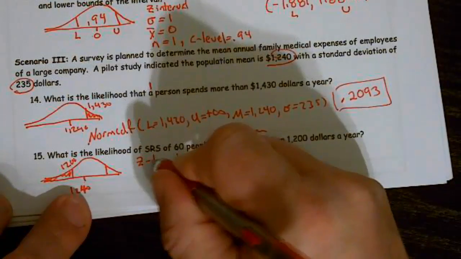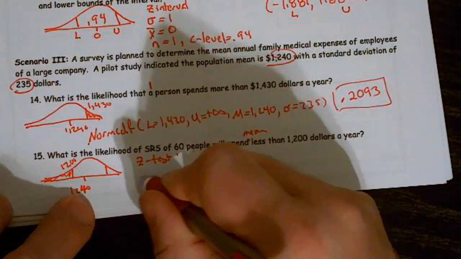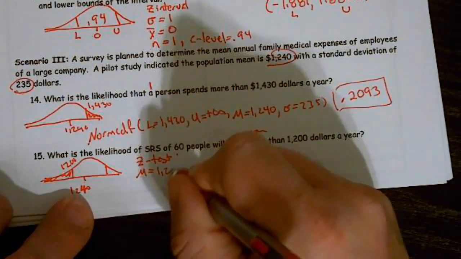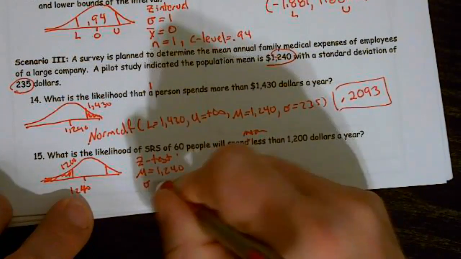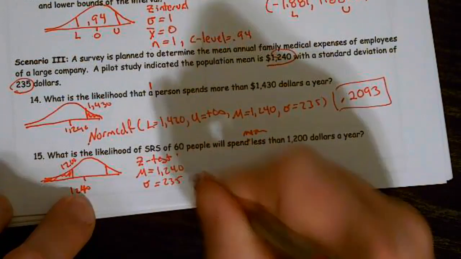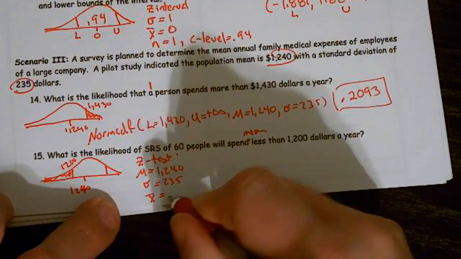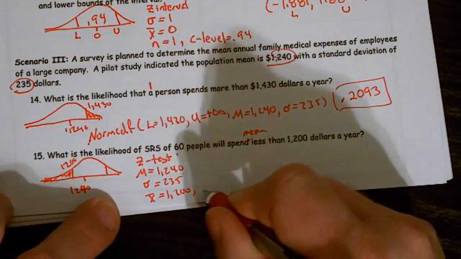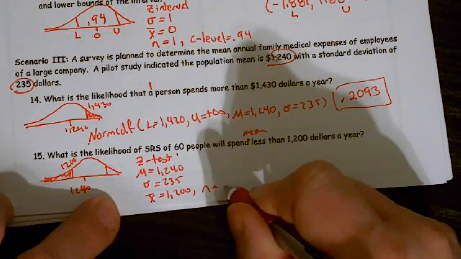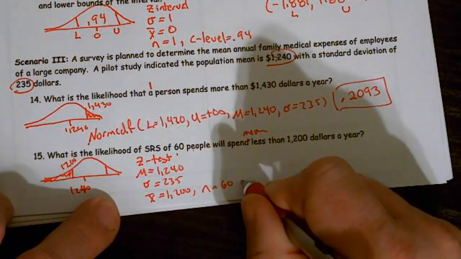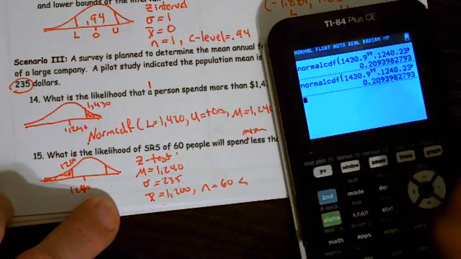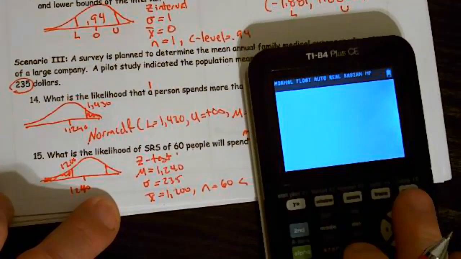So we're going to go to z-test. It's going to ask us for the mean, which is 1,240. It's going to ask us for the standard deviation, which is 235. Then it's going to ask us for the X bar, which is 1,200. And it's going to give us a sample size of 60. And we're shading to the left. So here we go.